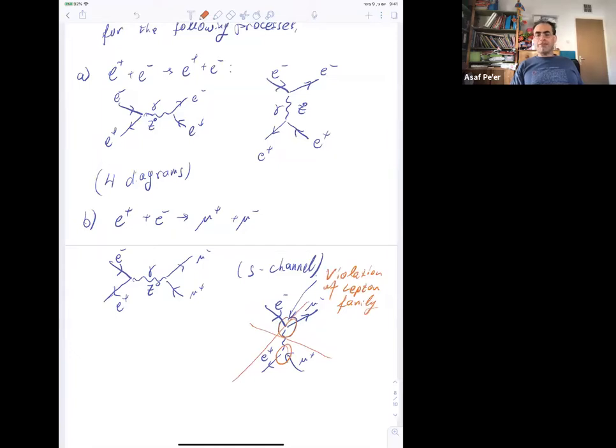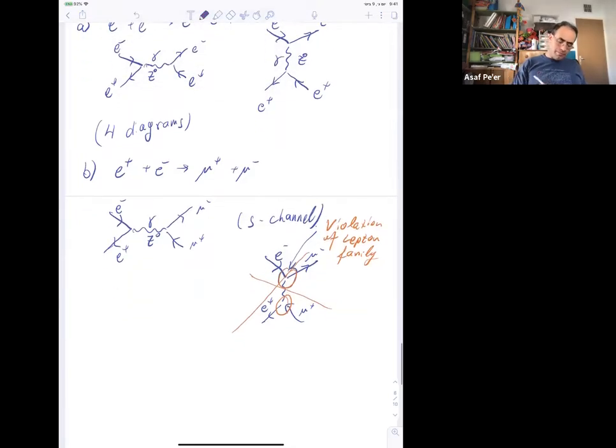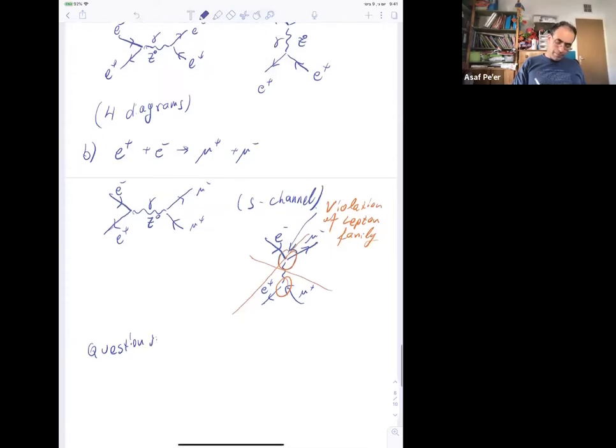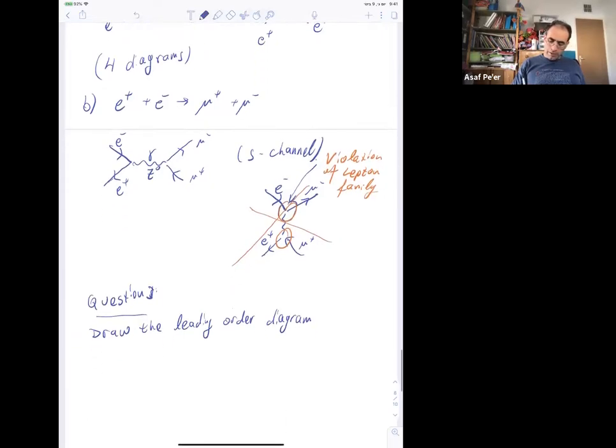So this is not allowed. The only ones that enable flavor exchange, but then you have to be careful in how you do it, are the W's. So let's give a third example. So question 3: draw the leading order diagram for the process kaon decays into a neutral pion plus an electron plus an anti-electron neutrino.